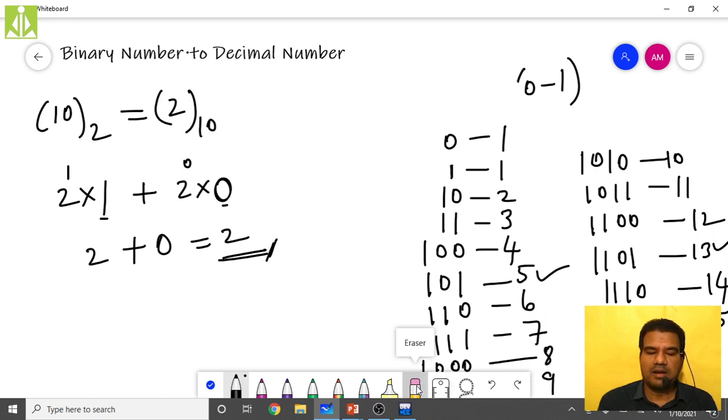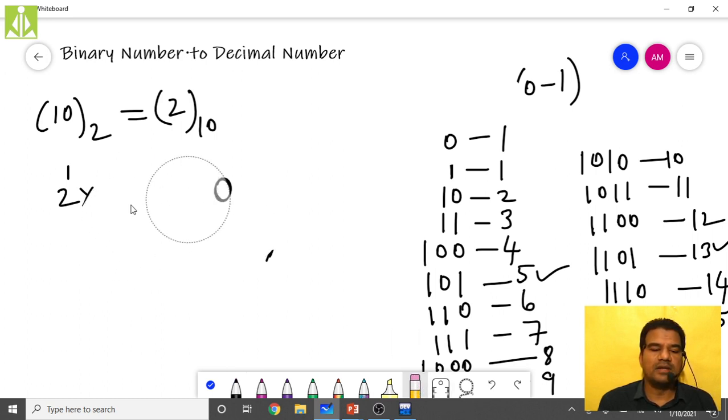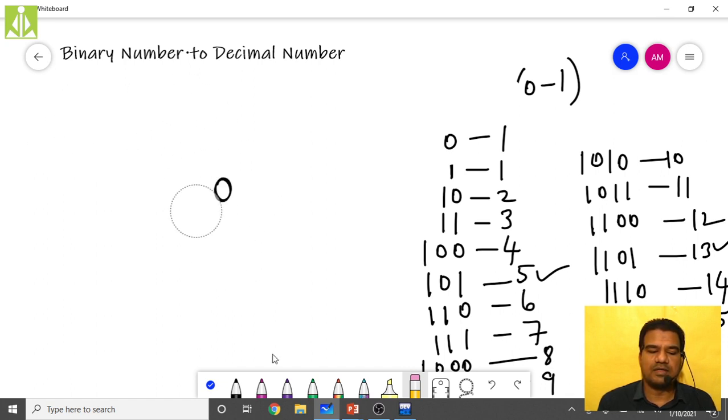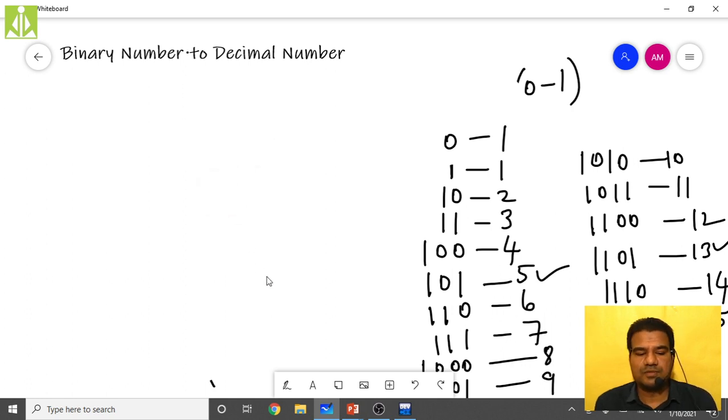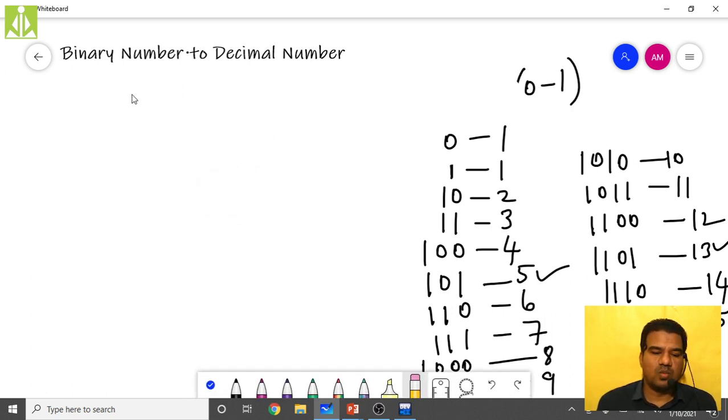Take another number, like I'm taking 1 0 0, and we see how it is 4 in decimal. So 1 0 0 in binary, and I want the decimal equivalent.